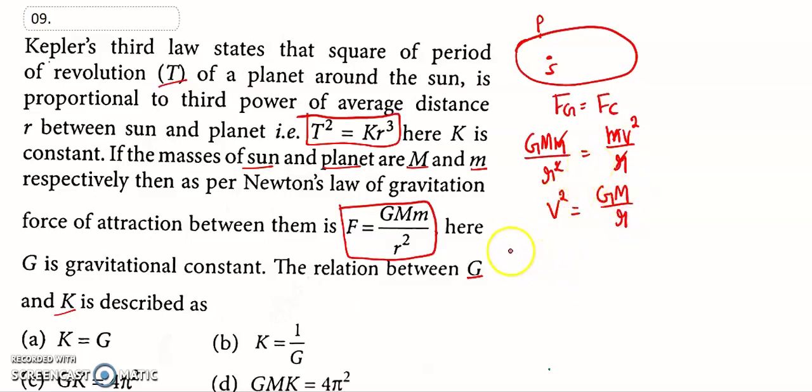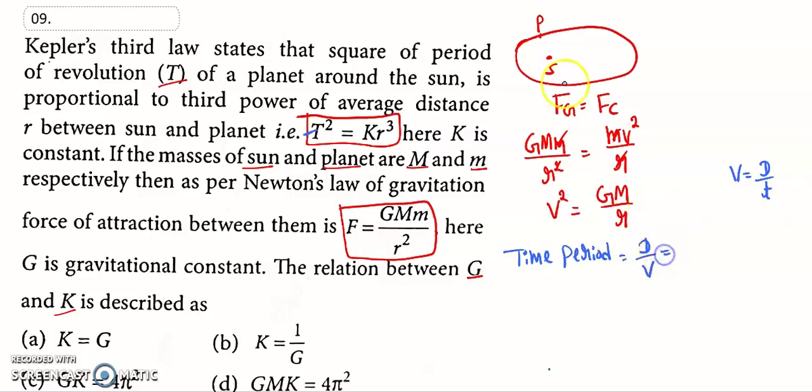However, the equation has the time period, so what is the time period? We know that velocity equals distance divided by time, so time equals distance divided by speed.